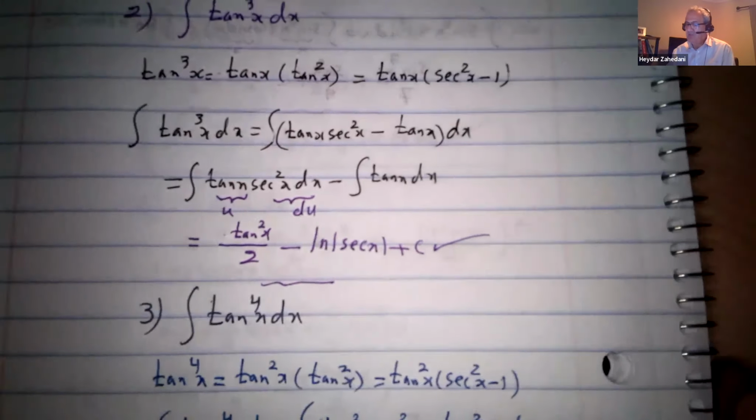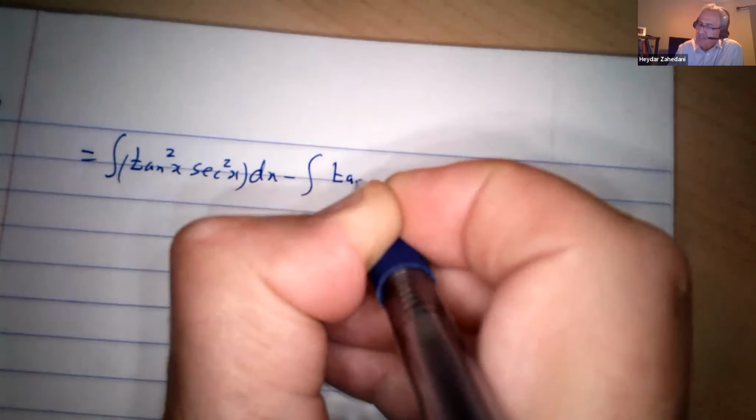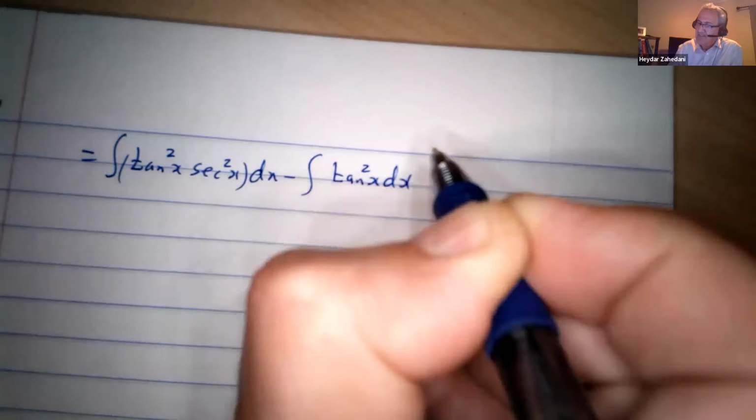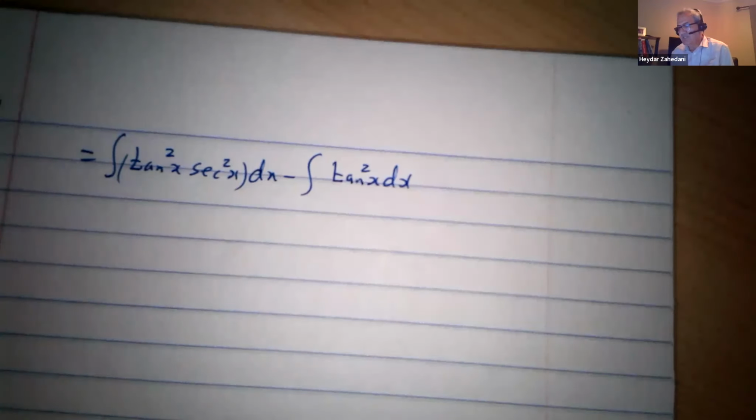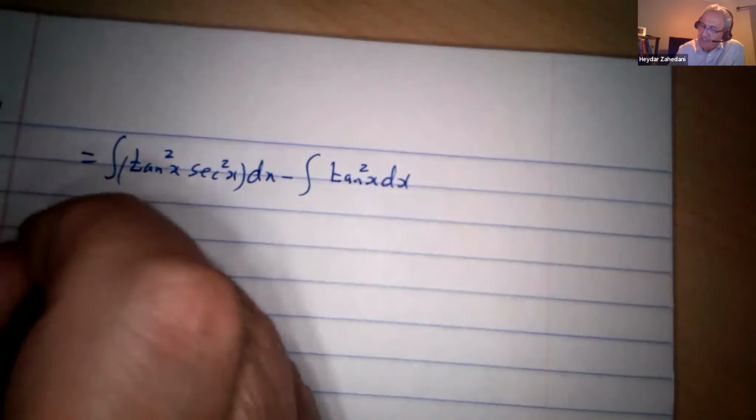So we end up with the integral of tangent square of x secant square of x dx, that's one of them, and minus the integral of tangent square of x dx. You start with the tangent to the fourth, you end up with the tangent square. You start with the tangent cube, you get to the tangent to the first. Now we find these two. The first one is easy.